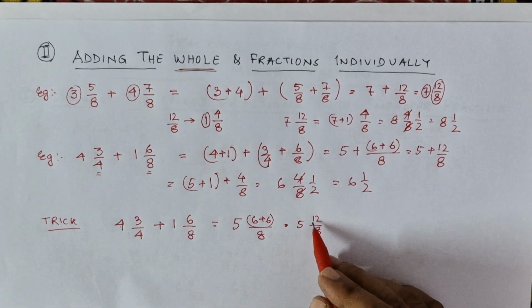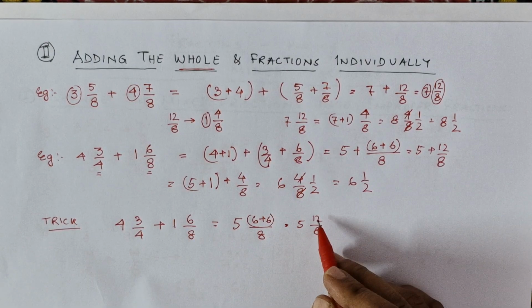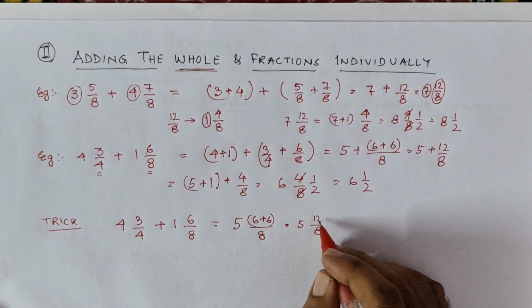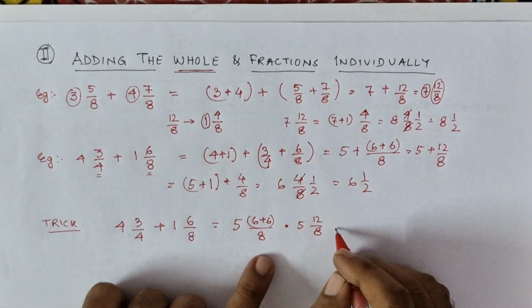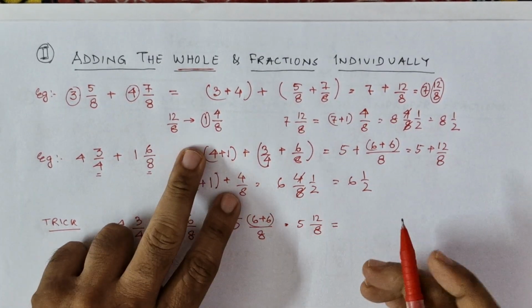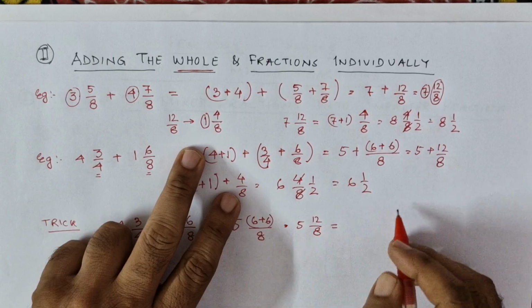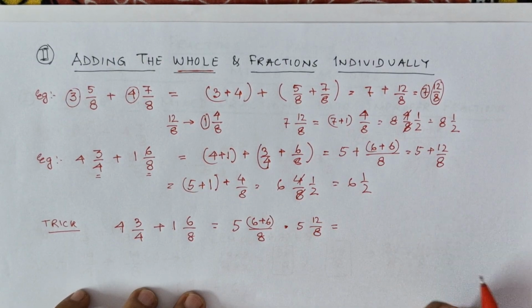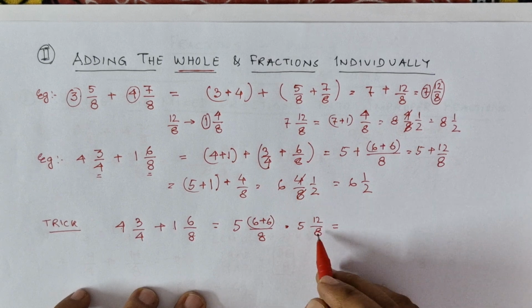Now see, 12 by 8, right? So it's an improper fraction. As we know, 12 by 8 is 1 4 by 8. So you do not need to actually multiply and see it. 8 ones are 8, right? Maximum it will go for 1.